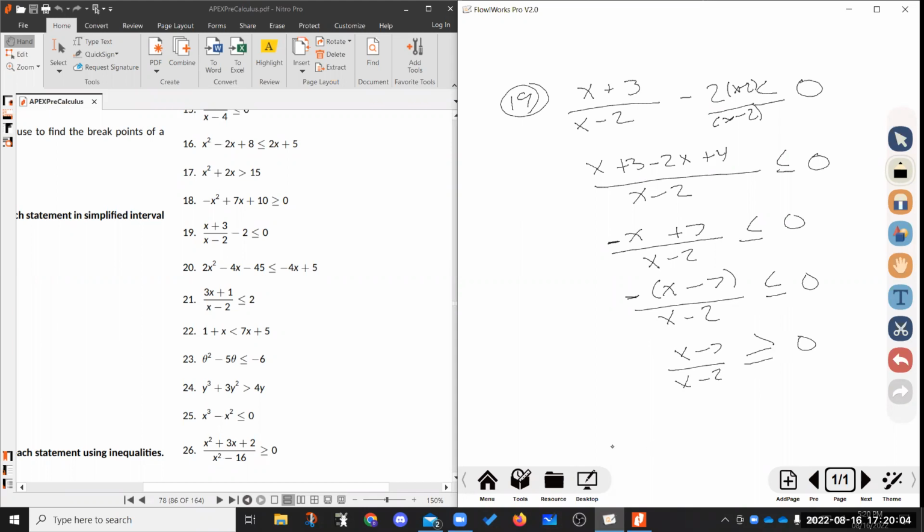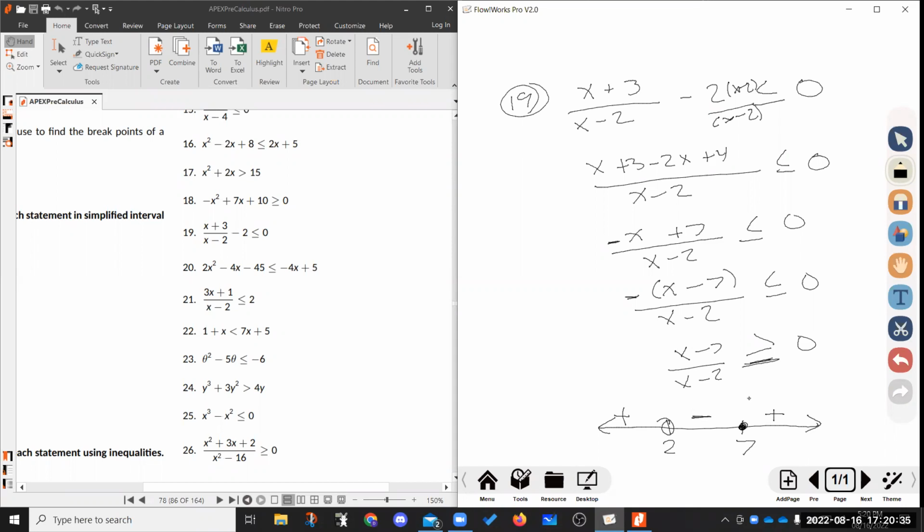So now we've got 2 and 7, but 2 can't be included because it'll make division by 0. 7 is going to be included because the 0 of the top is going to make it equal to 0, and that's included. This is going to be positive, negative, positive for my signs because these are all odd multiplicities.